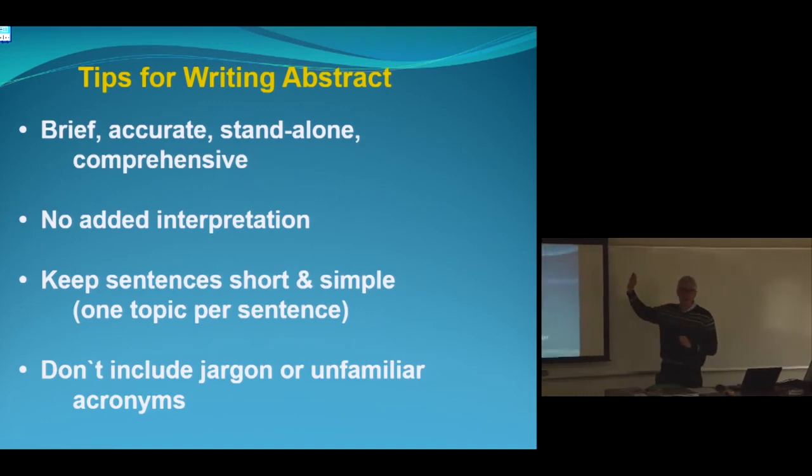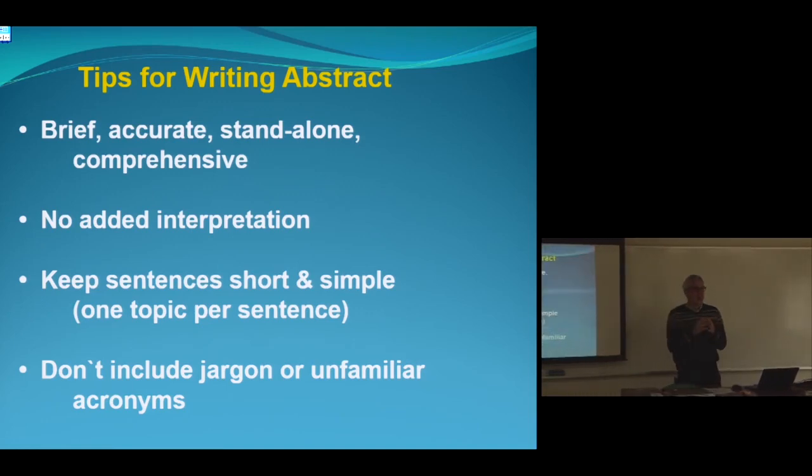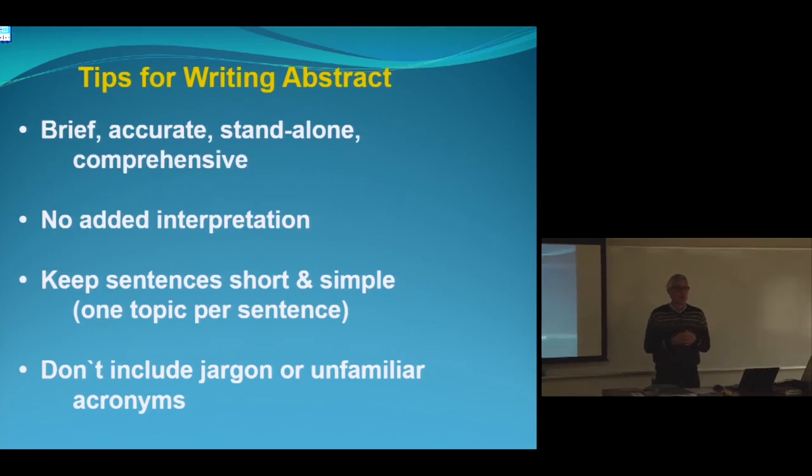Because, as I said at the start, an abstract is your gateway for people to discover your research. And when an editor or a reviewer or a potential reader is thinking about reading your paper, they are first going to look at the title and the abstract.